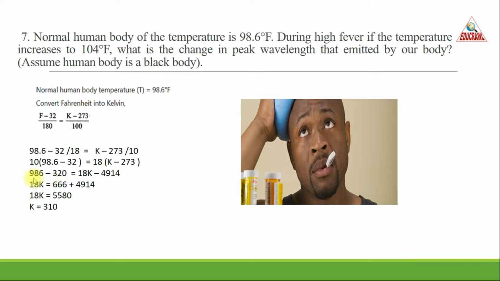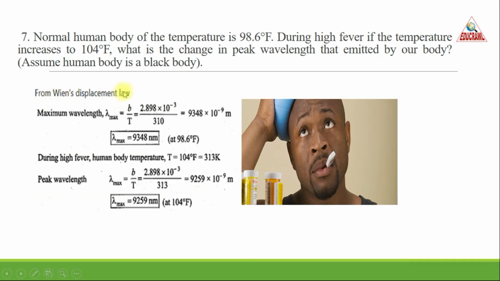So mere mathematics, 18K is equal to 666 plus 4914, you get 18K is equal to 5580. So the value of Kelvin is equal to 310. So 98.6 degrees Fahrenheit is equal to 310 Kelvin.